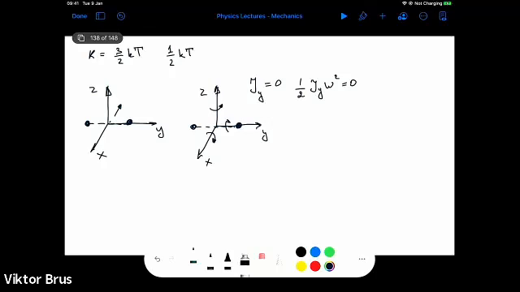And another thing which should be taken into account is vibrational motion, which we also discussed. If an object follows some vibrational motion, then it possesses some kinetic energy.